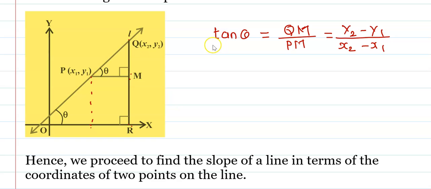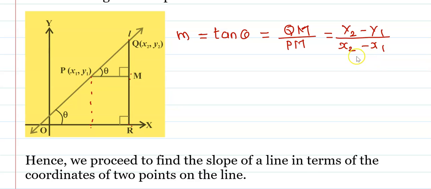Therefore, tan theta, that is the slope m, equals tan theta equals y2 minus y1 upon x2 minus x1. That is the difference of y coordinates upon the difference of x coordinates. One must see this here: the sequence is very important. If we write y2 minus y1 in the numerator, the denominator must always be x2 minus x1.